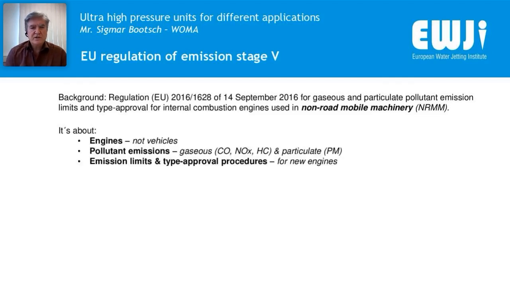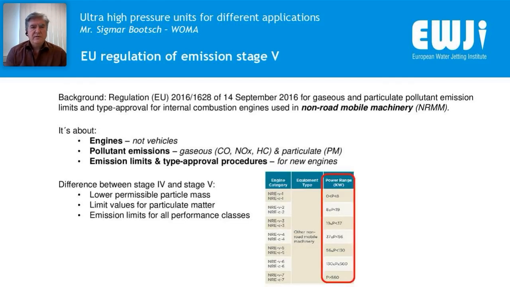So this regulation is about engines, pollutant emissions, and emission limits. The differences between stage 4 and stage 5 are a lower permissible particle mass, limit values for particulate matter, and there are emission limits for all performance classes.